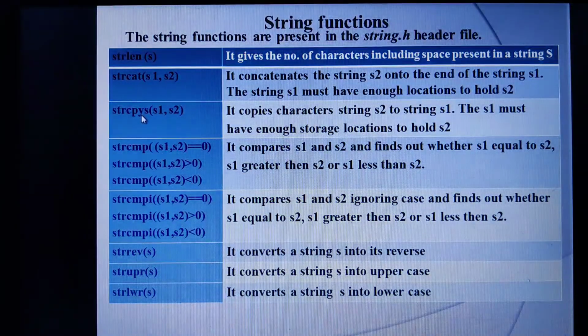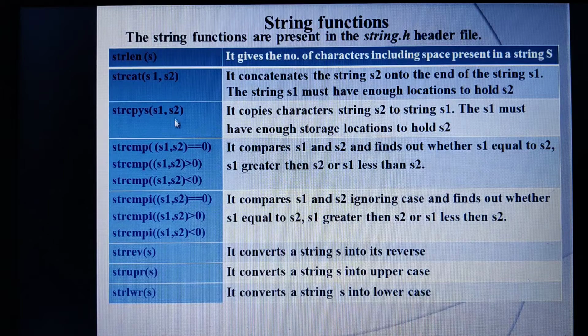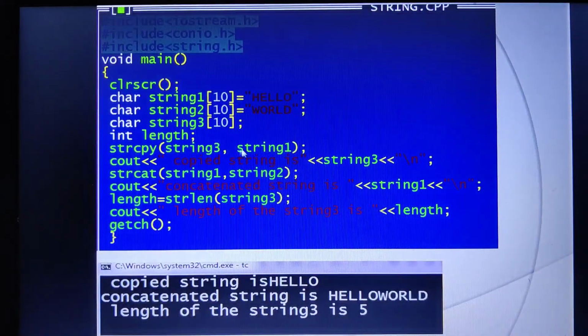So in this example, string copy s1 comma s2: whatever is there in s2 will be copied in s1, but make sure that s1 has enough space to hold the data. Think here, if string 3 is having only 2 bytes, whereas string 1 has 5 bytes, then when I use string copy, the contents of string 1 will be moved into string 3, but the capacity of string 3 is just 2 bytes.